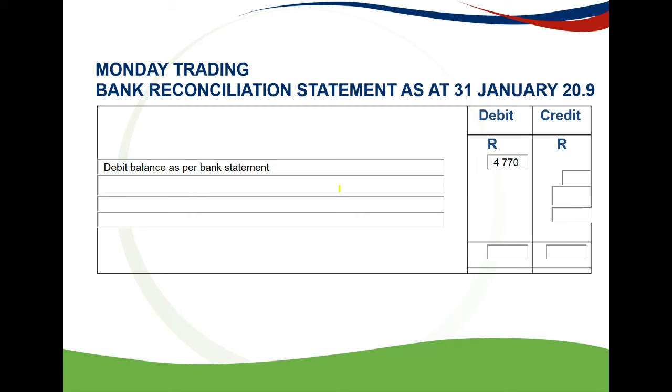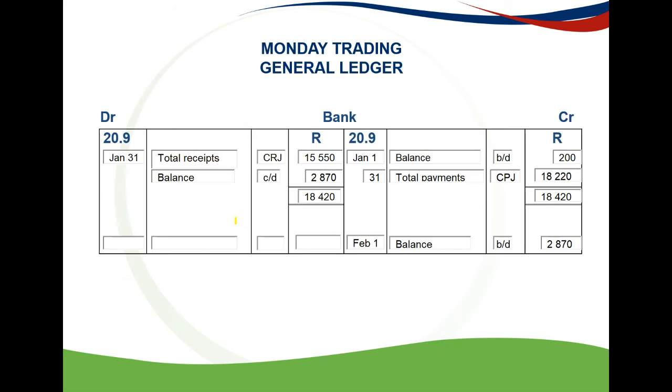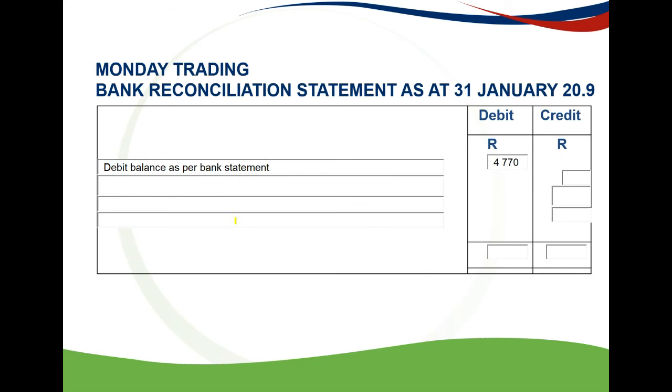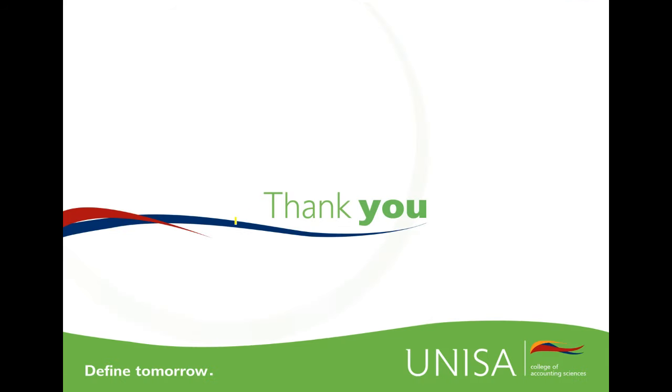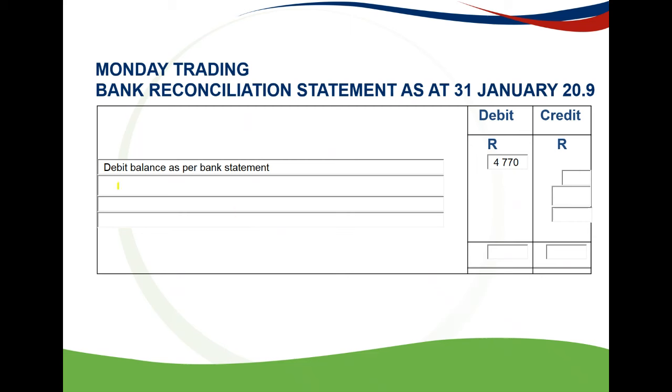Then we have a correction of an error where it was an amount of 3,000 Rand, which was reflected as 2,300, and we still need to correct that so that it's only the 700 Rand that we must still see on the bank statement.